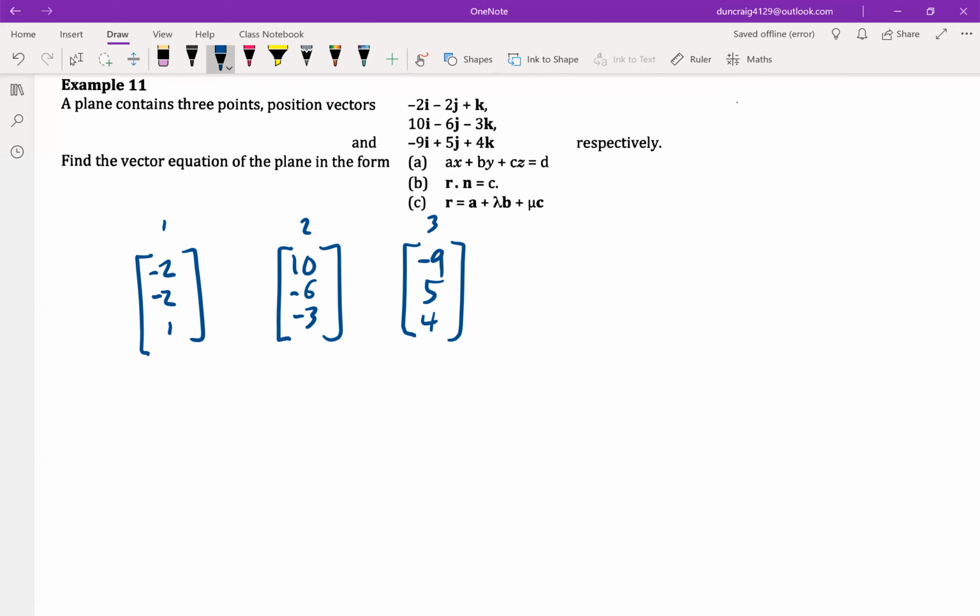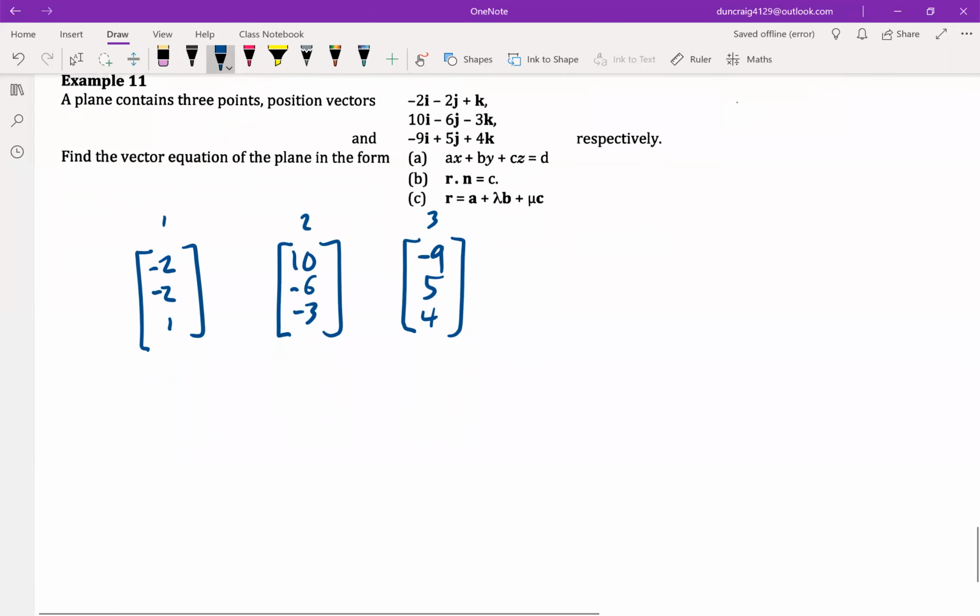Essentially we can do this a few different ways. The first way is I'm going to do 2 take 1, and that leaves me with the line 12, minus 4, minus 4.